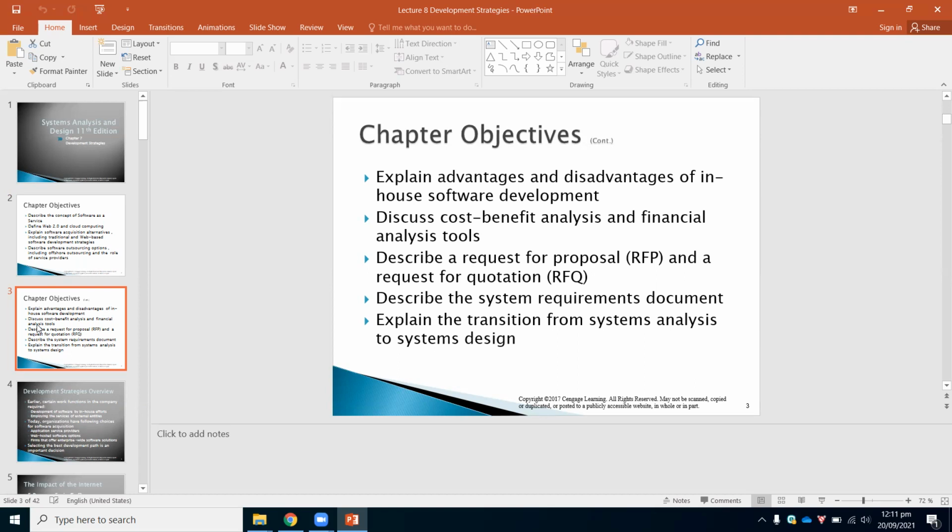Thereafter, we'll look at CBA and FAT. We'll also describe and differentiate between request for proposal and request for quotation, describe the system requirements documents, and explain the transition from systems analysis to systems design.